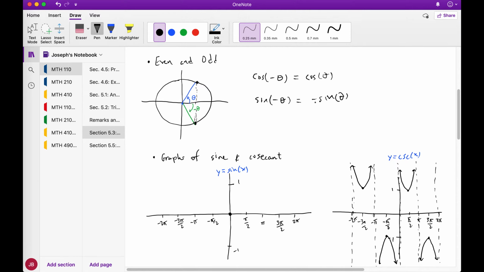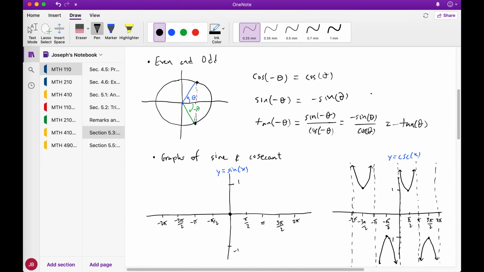And so we get this relationship here. And let's check this out. Tangent is just sine over cosine. So it's the sine of minus theta over the cosine of minus theta. Using the above, what we have is that the top is negative sine theta over, well, cosine of negative theta is just cosine theta. And so this is negative tangent theta.